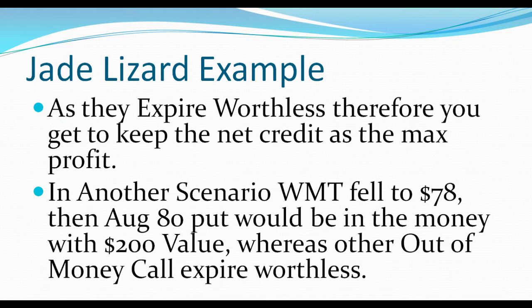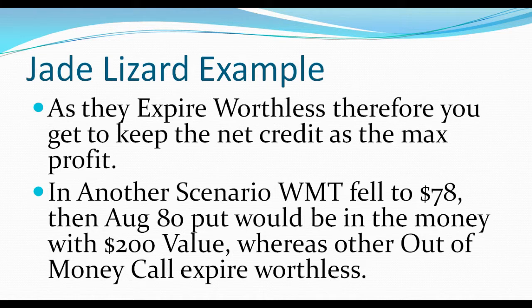In another scenario, WMT falls to $78. Now this $78 is below the August 80 put. Due to this, the August 80 put would be in the money with $200 value, whereas the out of the money call spread expires worthless.